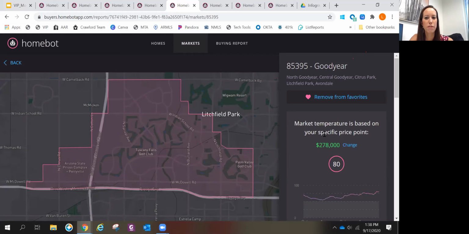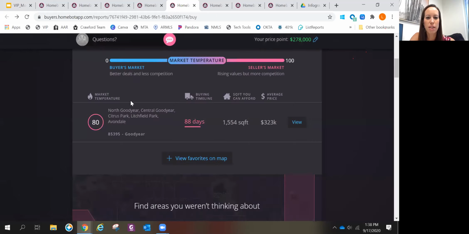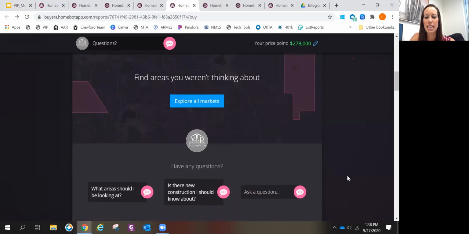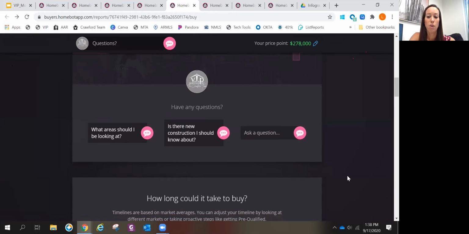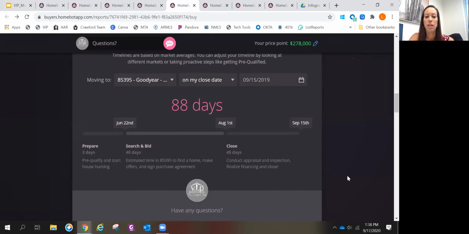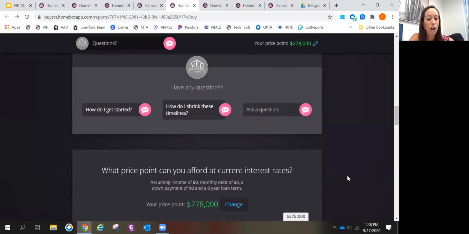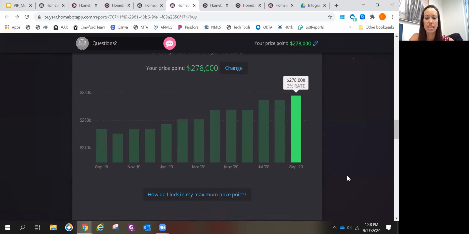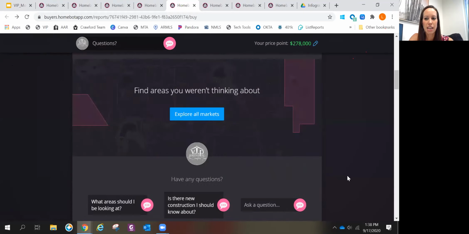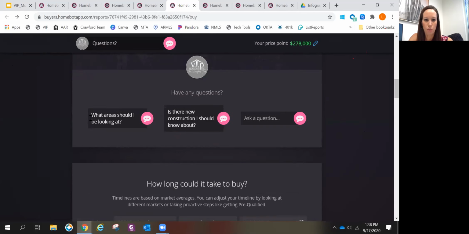It more gives them information about the actual markets. So that's what this is great for. It's great for a buyer that's more in the beginning stages that really doesn't know where they want to live or what price points are in different zip codes or cities. But it does give them some really great information. So it shows them here, find areas you weren't thinking about. We'll do that in a minute, but questions, any of these triggers, what areas should I be looking at?